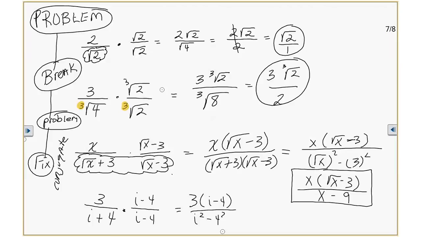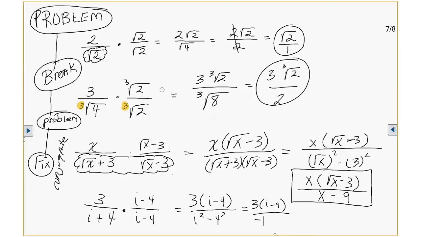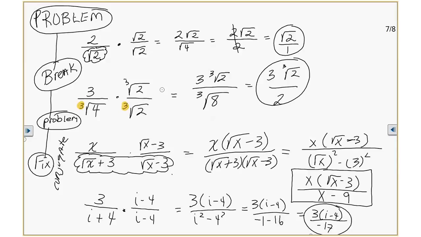And I squared is what? -1. So 3 times I minus 4 over -1 minus 16, -17. 3 times I minus 4 over -17. So you can just change the I to -1? That'd be too easy. Yeah.